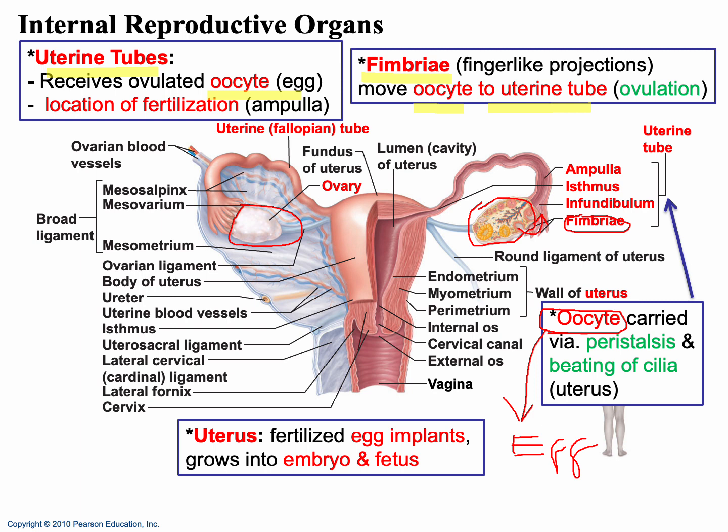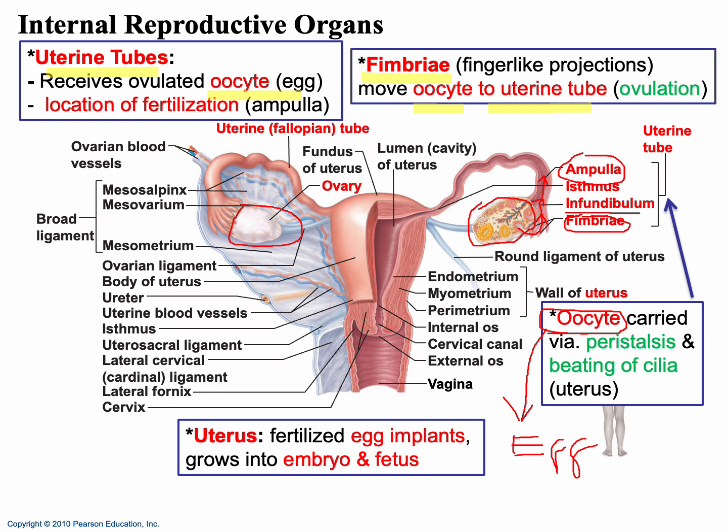So we can trace that pathway. So here's the fimbriae again, those finger-like projections. Then the oocyte makes its way to the infundibulum, a term which is kind of referring to a stalk, just like you had an infundibulum in the brain. And then the oocyte continues to an area known as the ampulla.